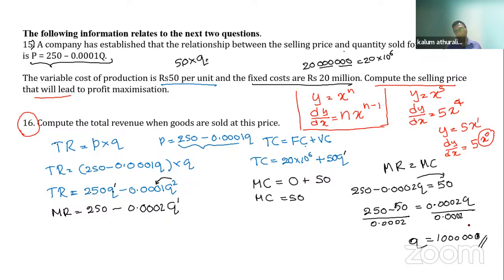When we produce 1 million units, we get the maximum profit. They ask, what is the price at this time? Using the demand function, the relationship between P and Q.